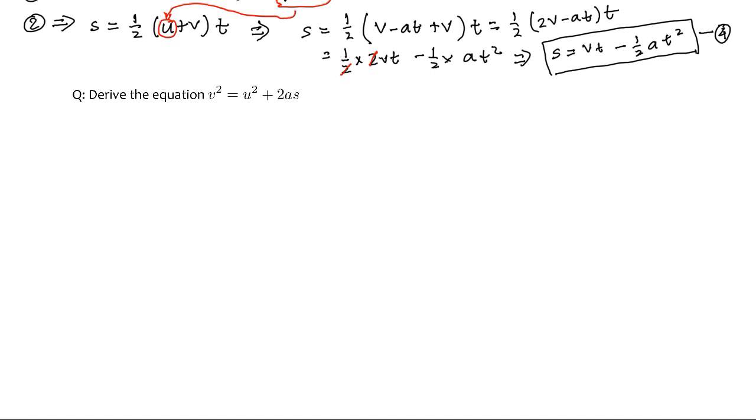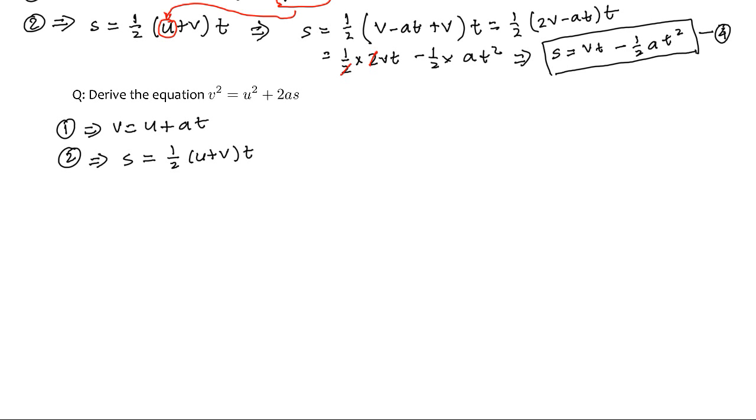To get the final equation, we use the first and second equation. The first equation was v is equal to u plus at, and the second equation was S is equal to half (u plus v) into t.